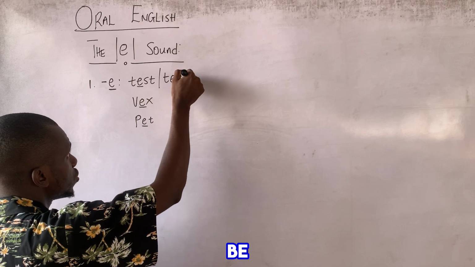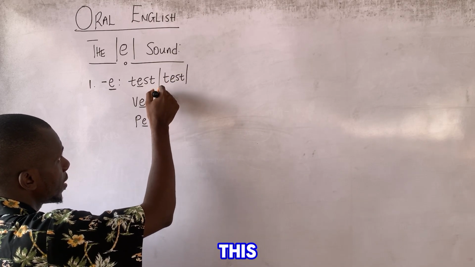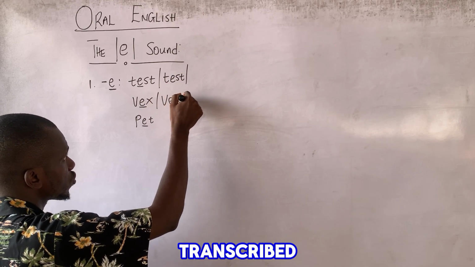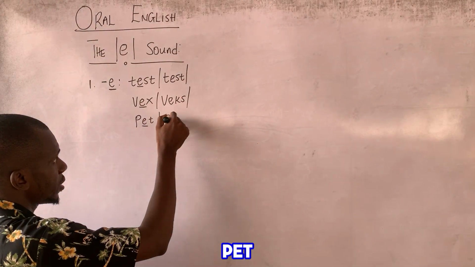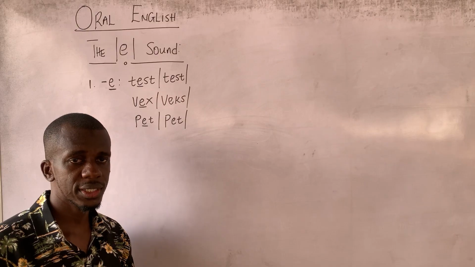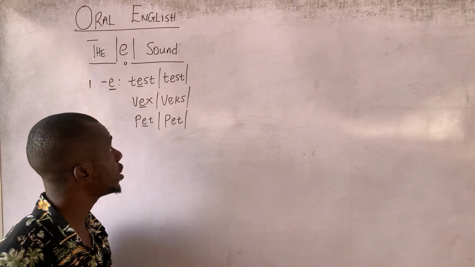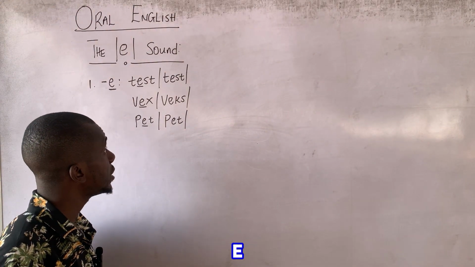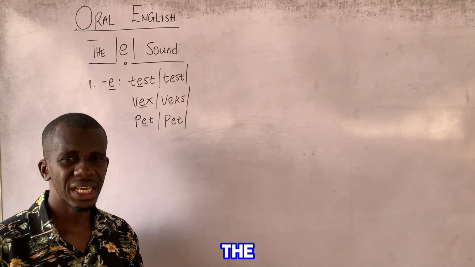So test will be transcribed as this. Vex will be transcribed as this. Pet will be transcribed as this. You see that? So letter E gives us the air sound.